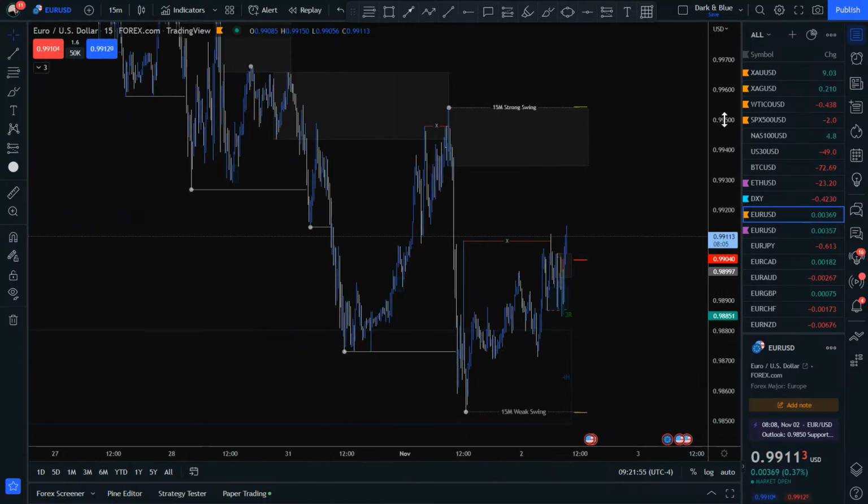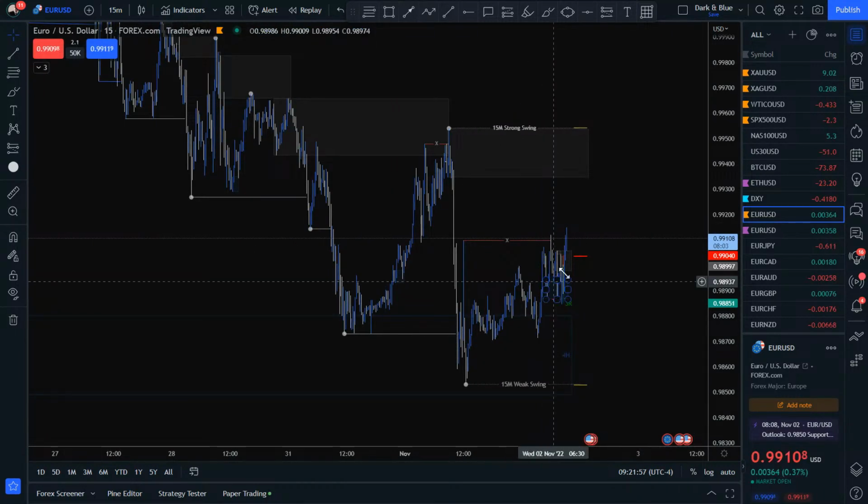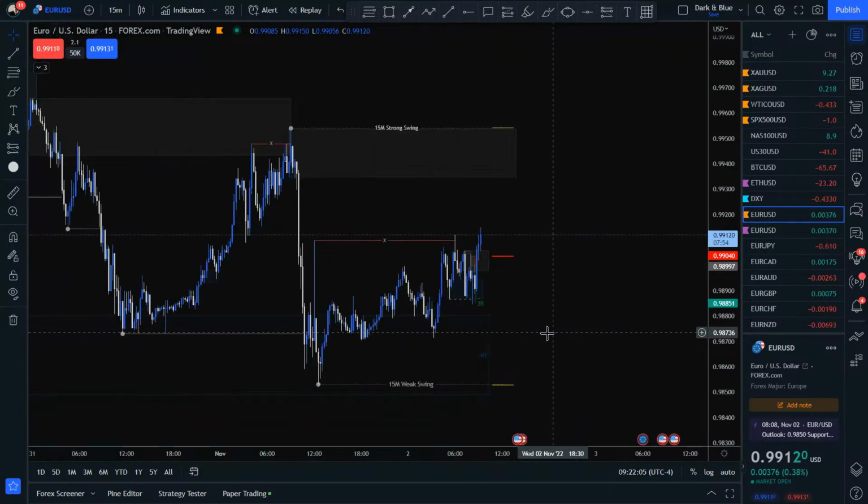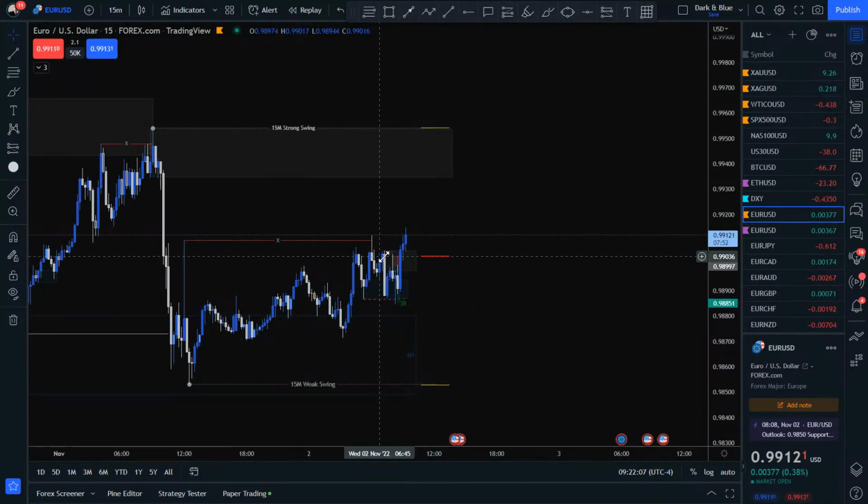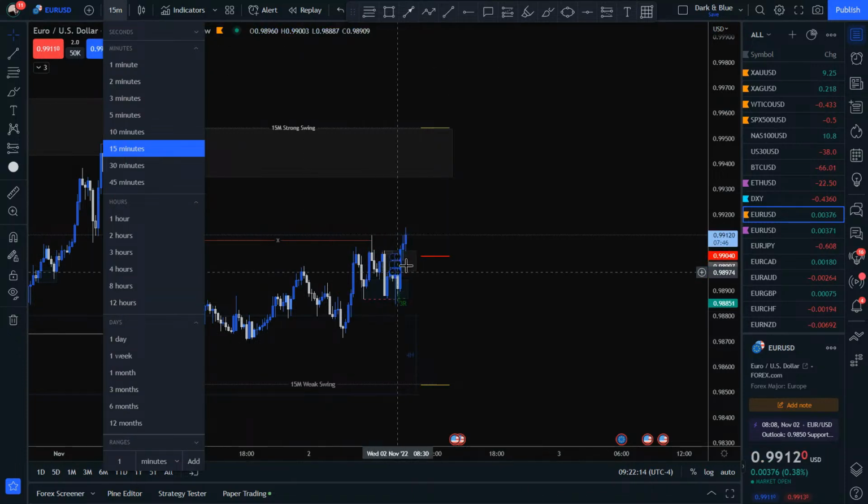The difference is, this is 15 minutes. Yeah, the difference is there's no arch here. We are actually moving, taking out supply on the lower time frame. I was looking for that supply to work here to get me into profit.